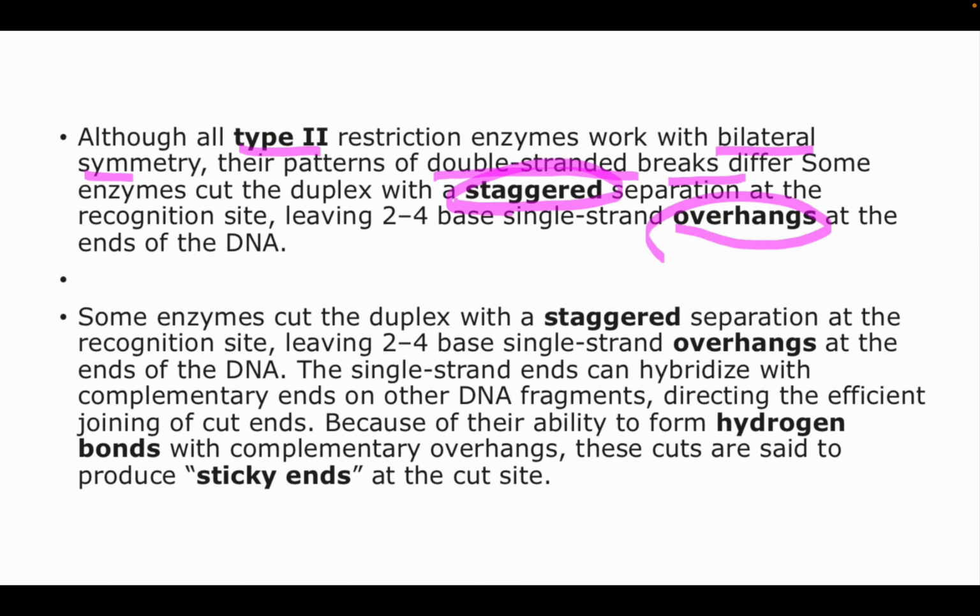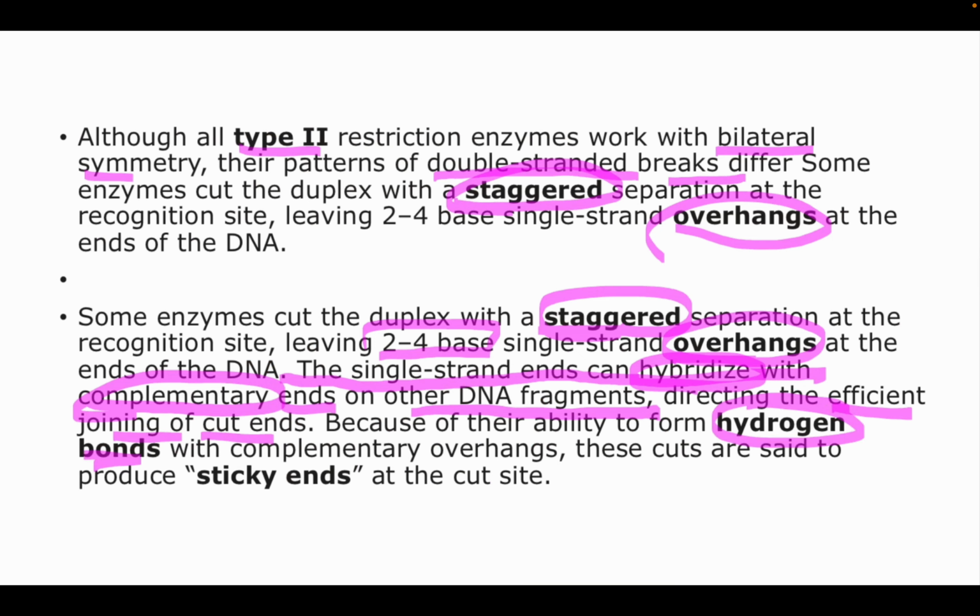Some enzymes cut the duplex with a staggered separation at the recognition site, leaving 2 to 4 base single-stranded overhangs at the ends of the DNA. The single-stranded ends can hybridize with complementary ends on other DNA fragments, directing the efficient joining of cut ends. And because of their ability to form hydrogen bonds with complementary overhangs, these cuts are said to produce sticky ends.